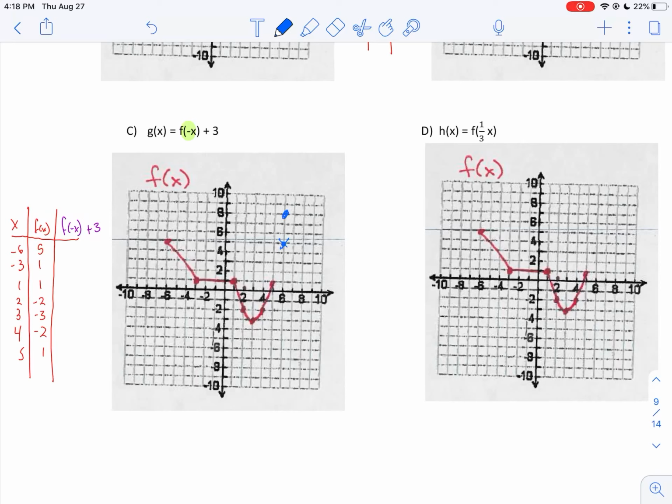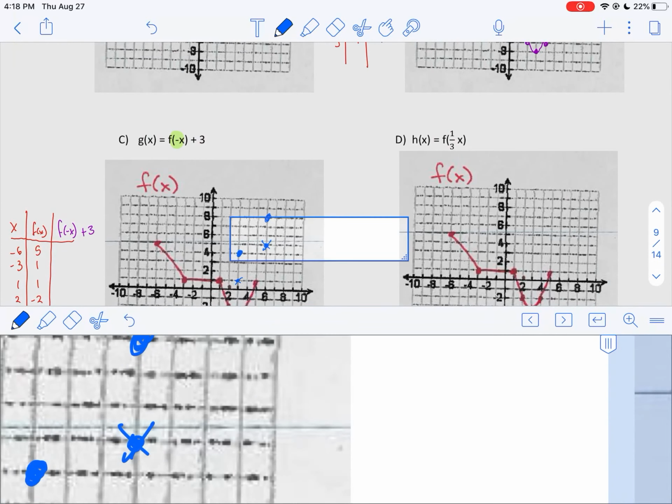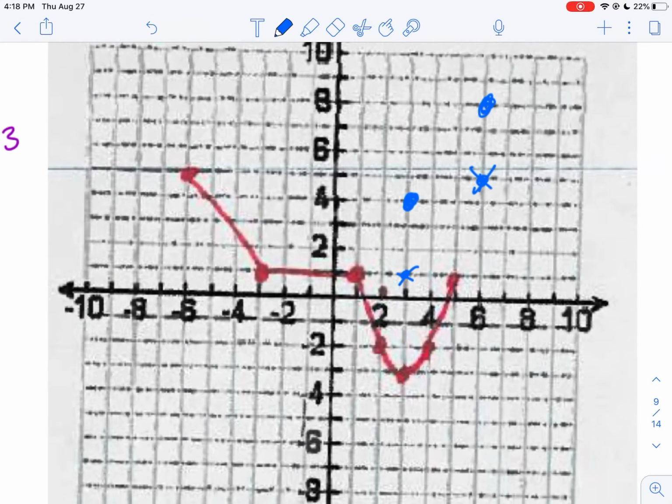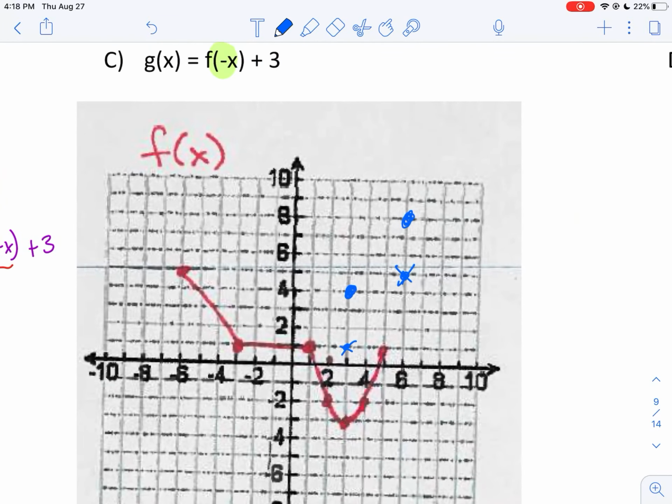This one's going to flip from negative 3 to positive 3 and then shift up 3. This one is going to reflect across the y-axis over to here and then up 3.